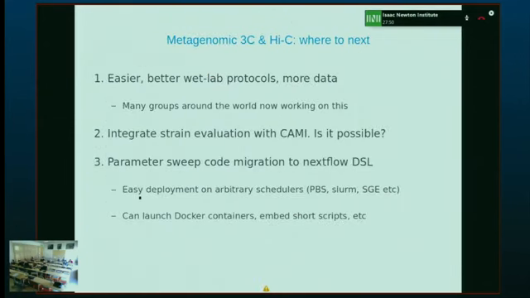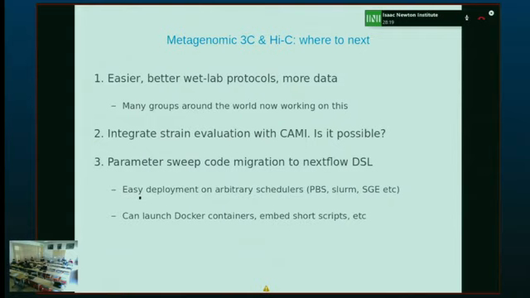So where to next? I'd like to say that we were much further on with this work than we are right now, but unfortunately we're not. I think we're being held back by wet lab protocols. We need them to be easier and better so that we can generate more real data. On the computational front, I think we really need to work to translate some of these accuracy metrics into a more accessible framework.